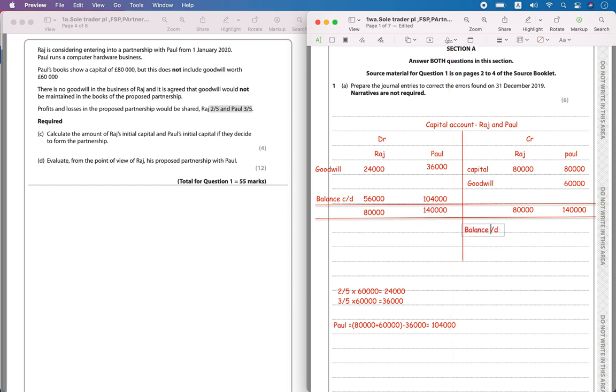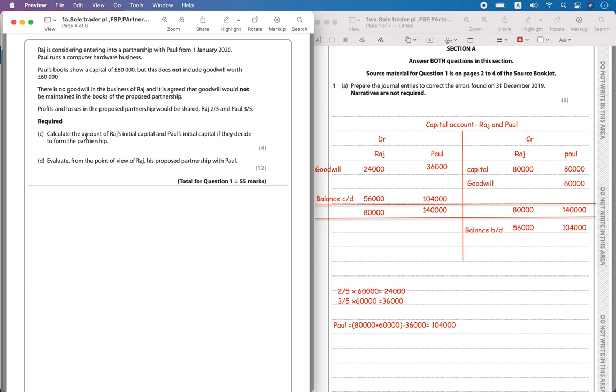So the balance b/d remaining is going to be 56,000 and 104,000. So this is the capital adjusted.